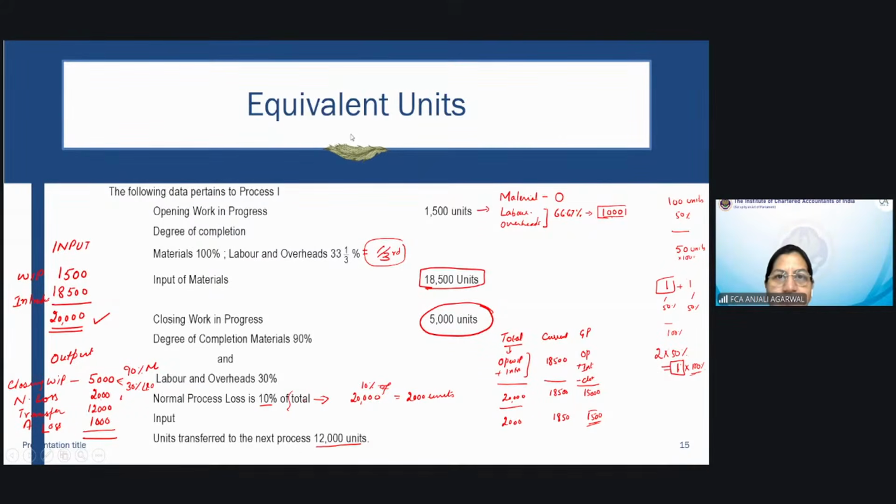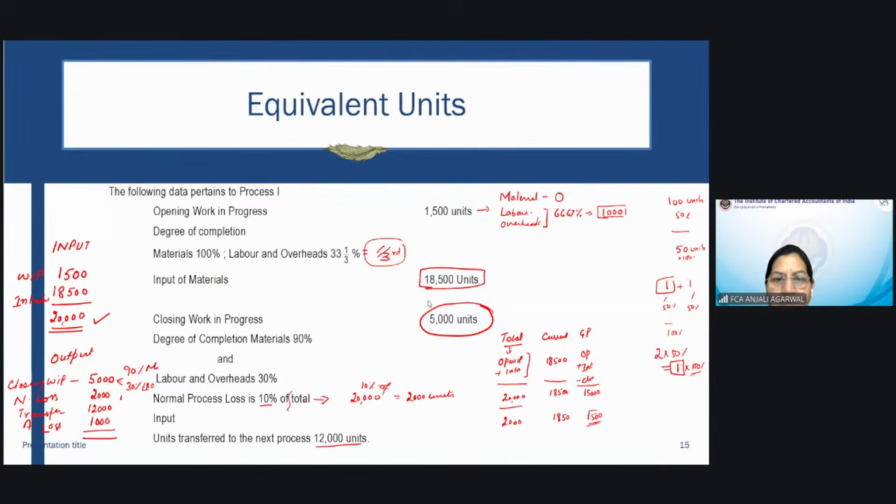statement of equivalent units. Once again, we have a message in the chat window. Process loss will be given for material input. Then we will take it only for 18,500, not of the total input, but of current material introduced.